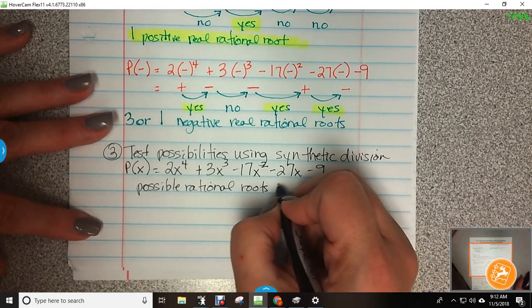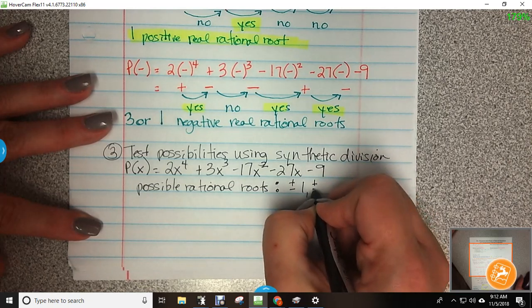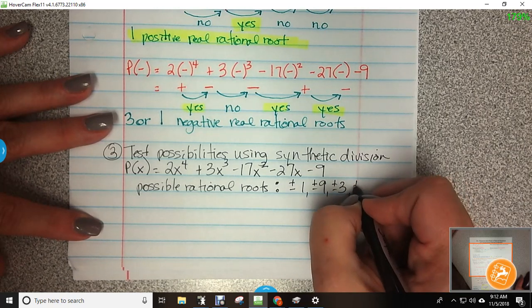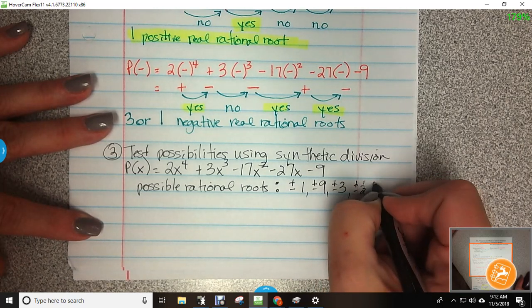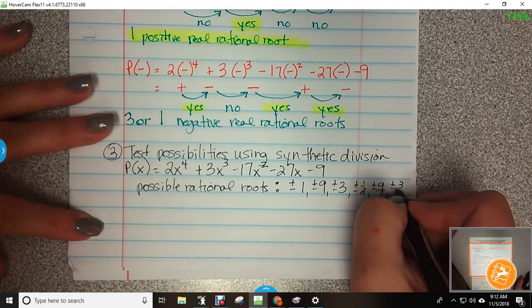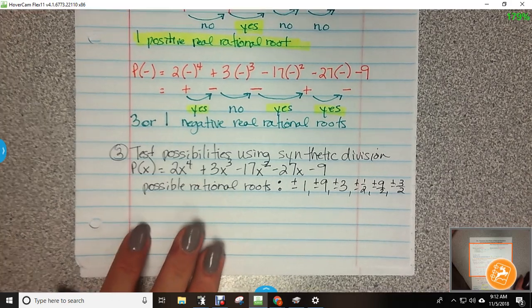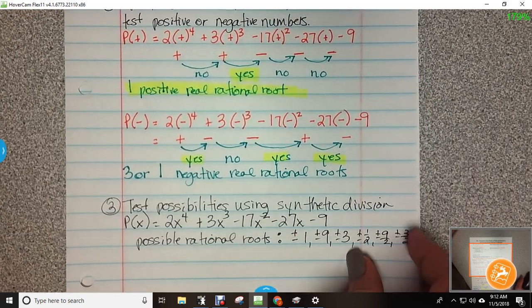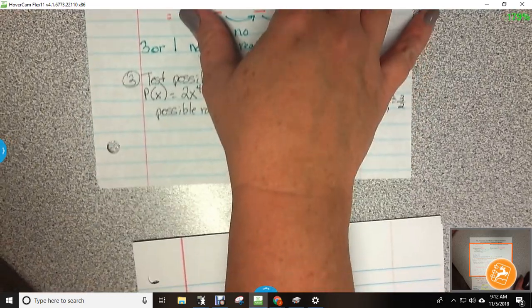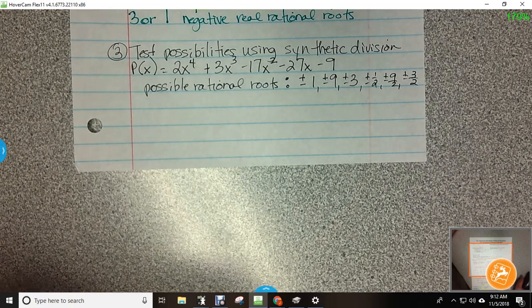They were plus or minus 1, plus or minus 9, plus or minus 3, plus or minus 1/2, 9/2, and 3/2. So I've got to decide what to test. Okay.